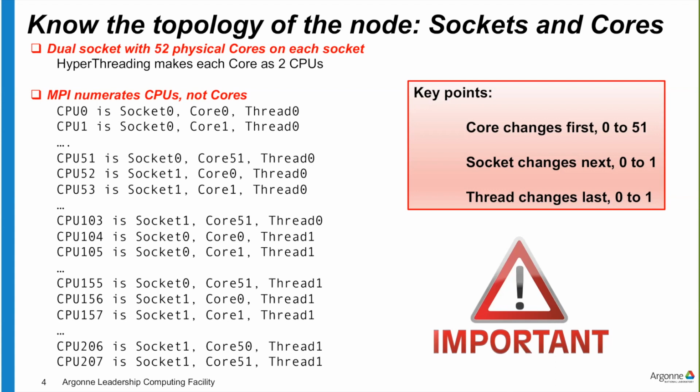This is because we have hyperthreads on, and that means that every hyperthread is presented as a separate CPU. So we have 208 CPUs, and there are 104 cores and 52 cores per socket. Remember that MPI enumerates CPUs, not cores, or in some sense, what people call threads.